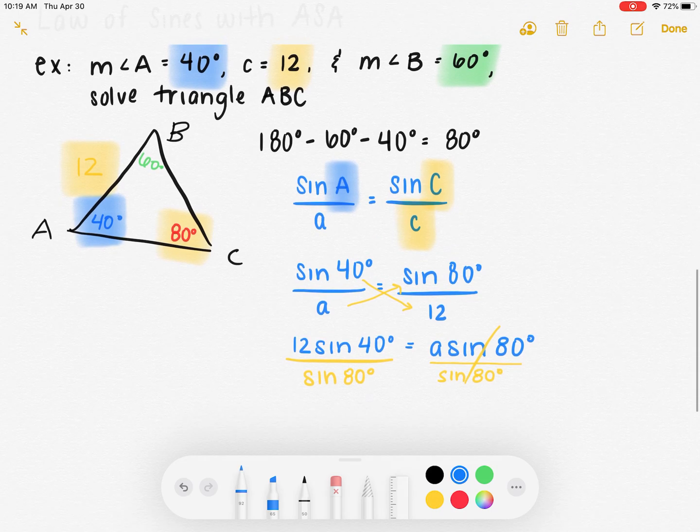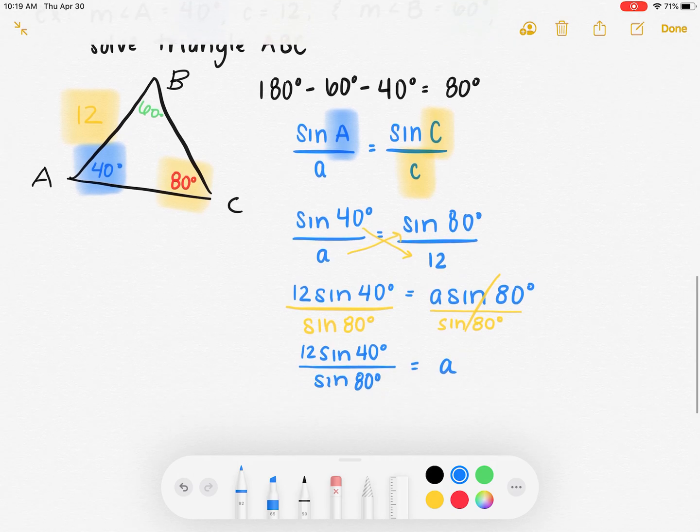So then I finally get that 12 sine of 40 degrees over sine of 80 degrees equals A. Now I intentionally didn't turn my sine of 40 degrees or my sine of 80 degrees into decimals at this point, because I want to get a super accurate answer. I want my answer to be as accurate as possible.